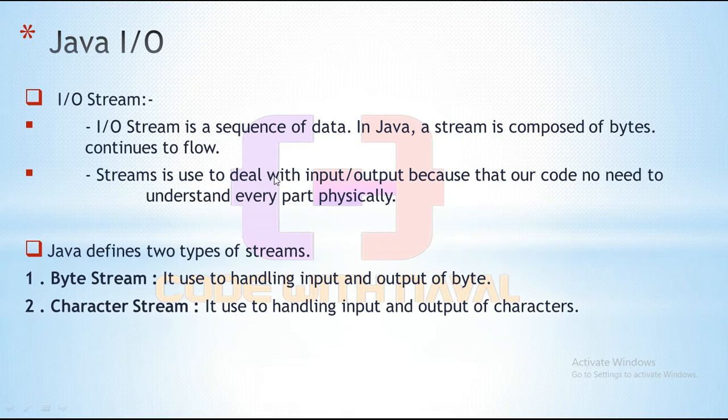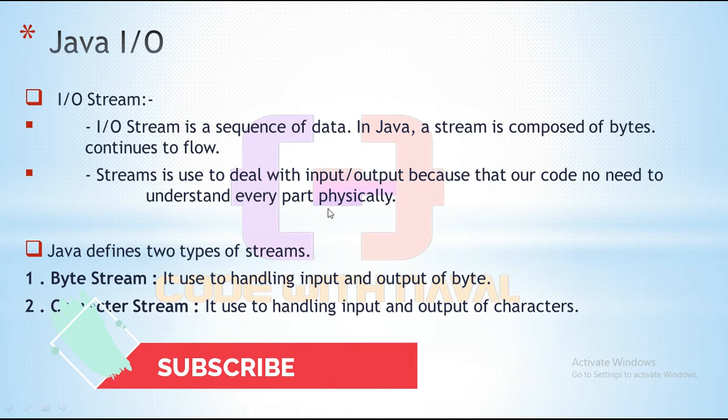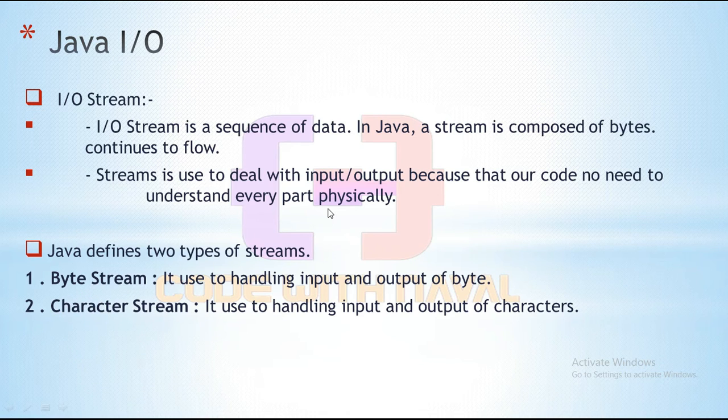A stream is used to deal with input-output so that our code does not need to understand every physical part, because we don't need to write every step-by-step code. Java has already created the IO package. We can simply use that package and perform our operation. Everything is ready-made here in the IO package, with already prepared methods and classes.